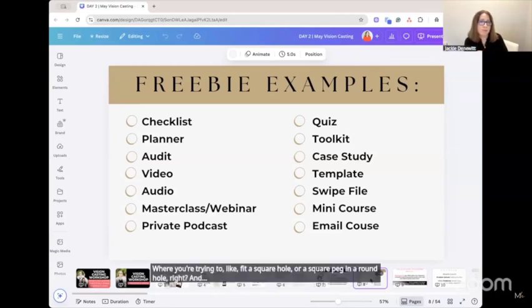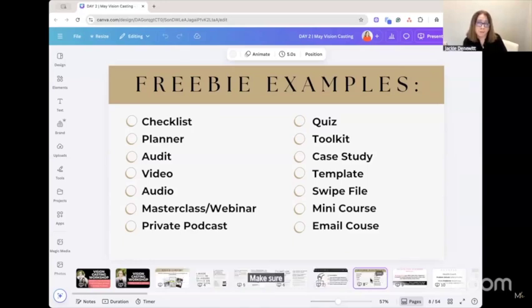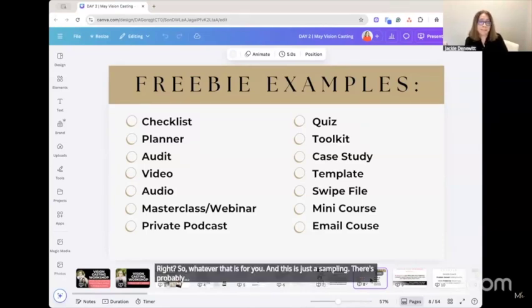And when you do that, no strategy, no nothing that people are trying to teach you, if it doesn't feel aligned, it's not going to work for you. So when you're choosing your freebie, make sure that you're choosing something that feels aligned, it feels good, and you enjoy creating it, right? So whatever that is for you, and this is just a sampling, there's probably a zillion things that you could do.